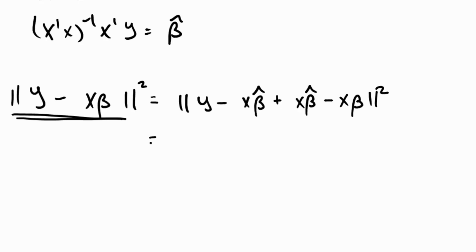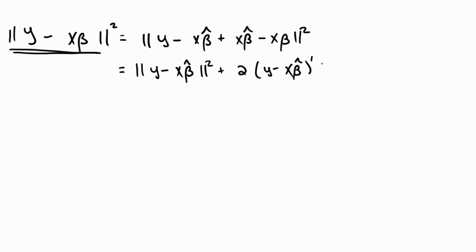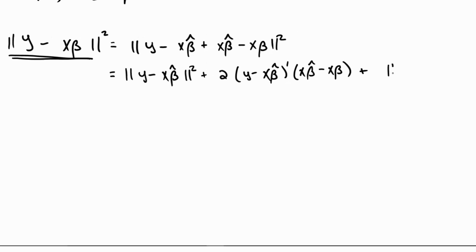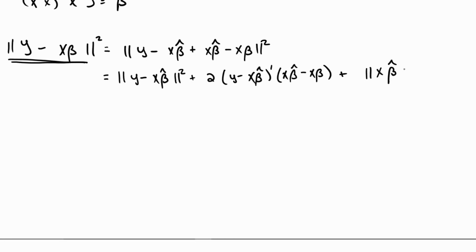That then is going to be equal to the norm of y minus X beta hat squared, plus 2 (y minus X beta hat) transpose (X beta hat minus X beta), plus the norm of X beta hat minus X beta squared.